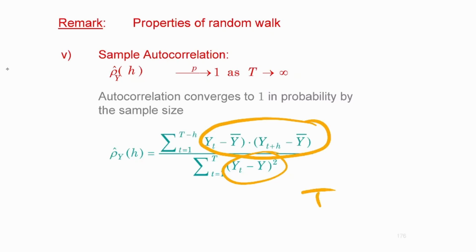As t increases, there is not much difference between the two expressions, only just a little time lag involved for the latter. But if the sample size increases, this effect is negligible. So therefore you have convergence in probability, by the way. Anyway, that's basically what it would be.